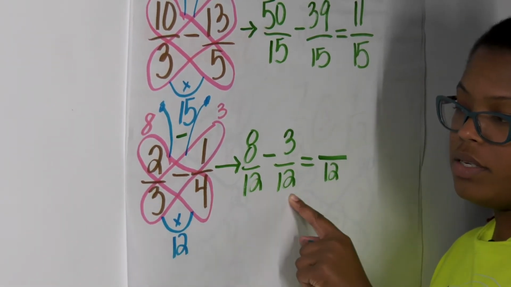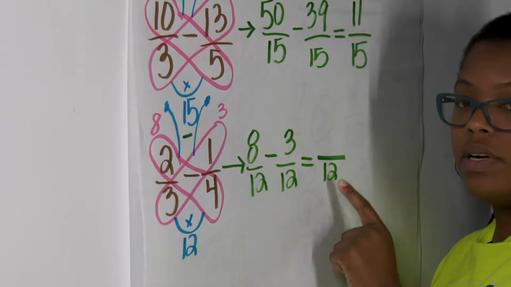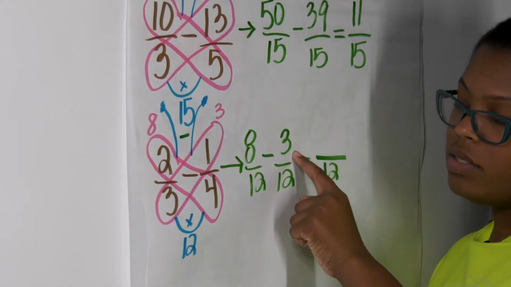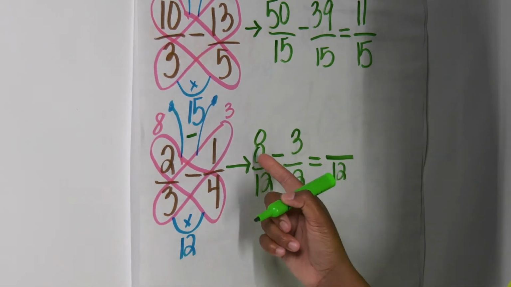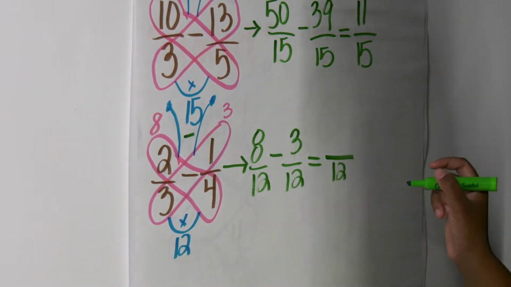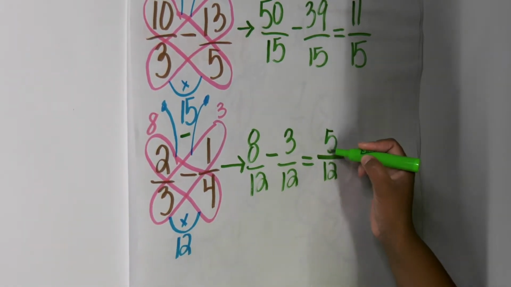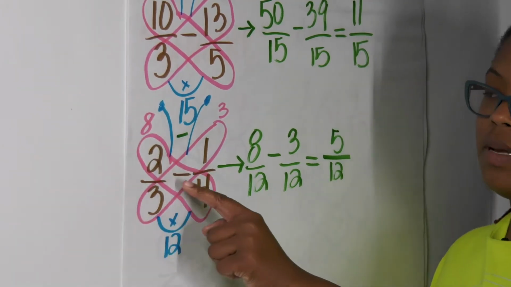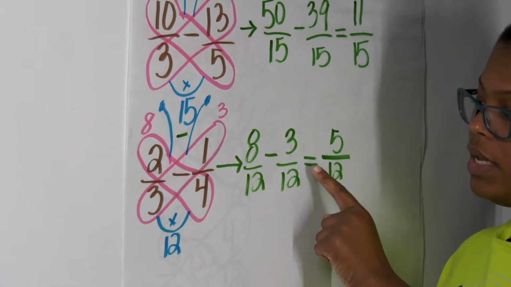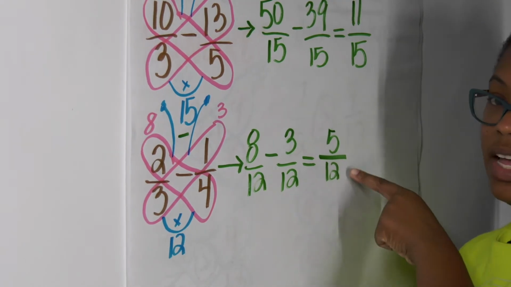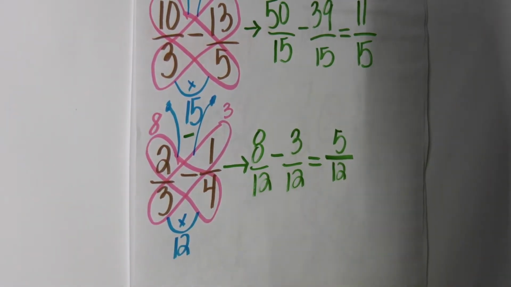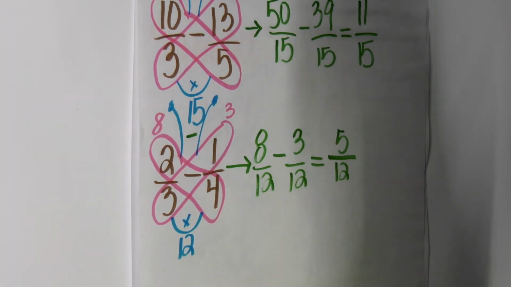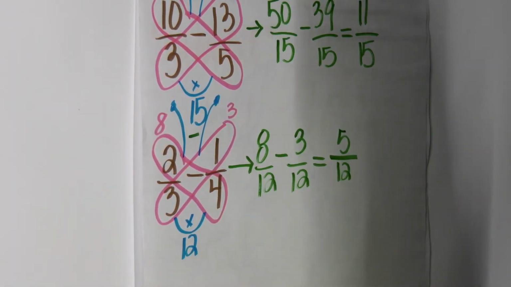When the denominators are the same, you just bring it over and you do the operation, in this case subtraction, to the numerators. 8 minus 3, which is 5. So 2/3 minus 1/4 is equal to 5/12. Okay, that was our two subtracting examples. Now we're gonna do two addition examples.